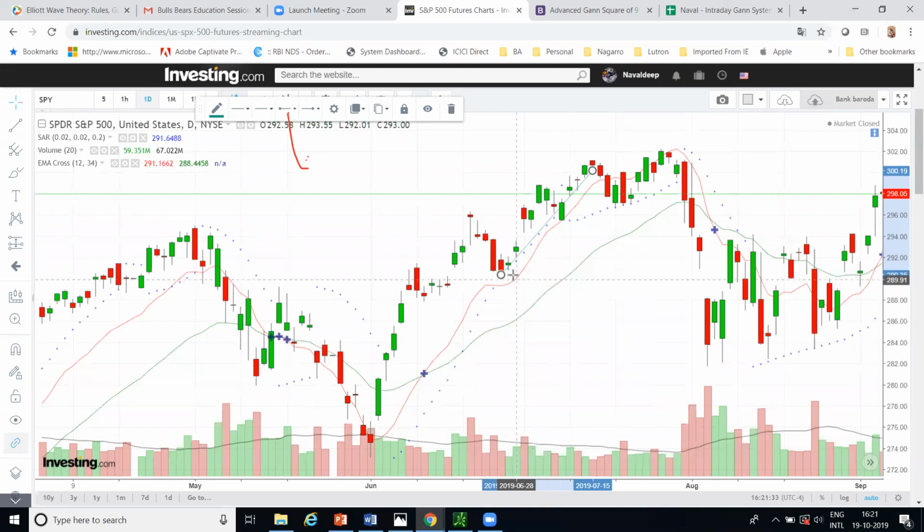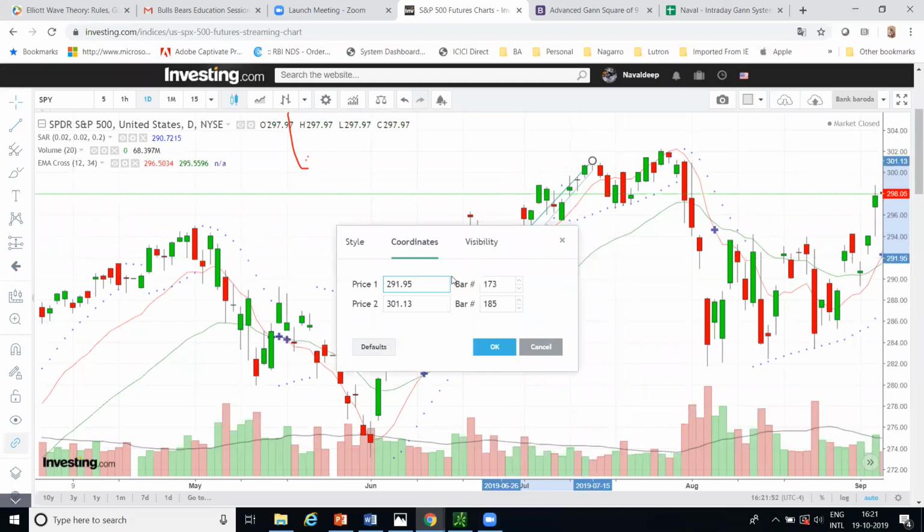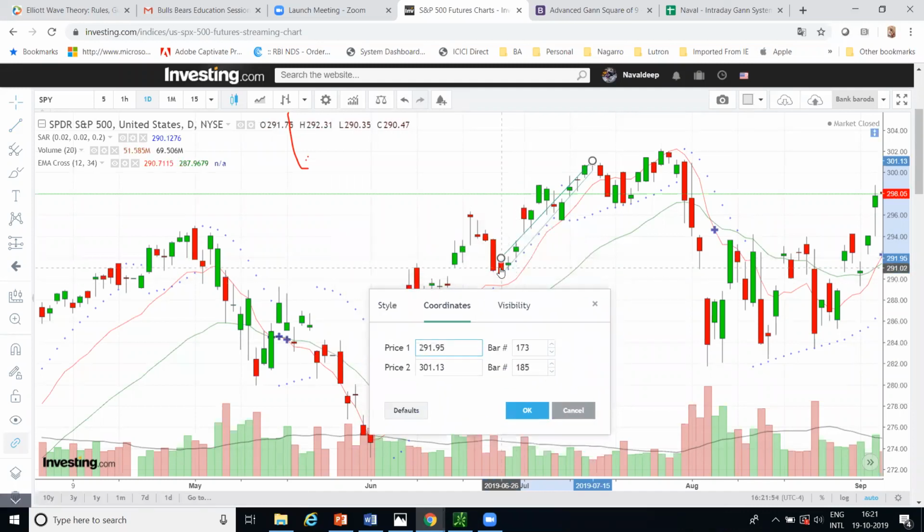Okay. Now with the help of the trend line, I need to see where my stocks are and how I should trade them. Then I also make an upper trend line. I'll choose my high and the high. Again, I will double click here to correct the values so that the chart takes the proper values.